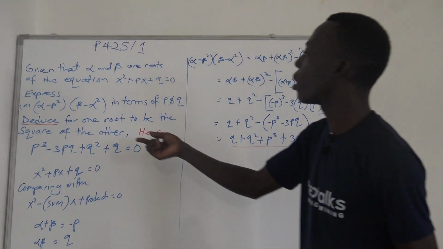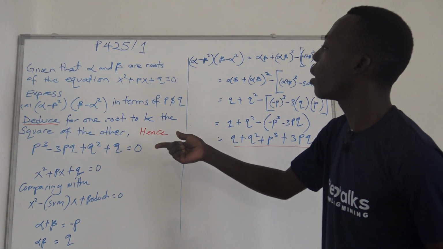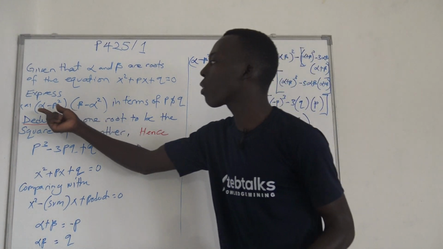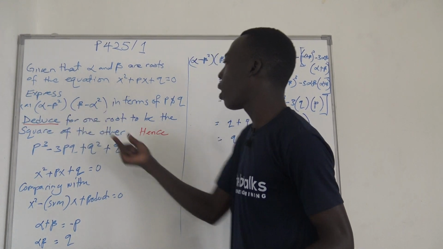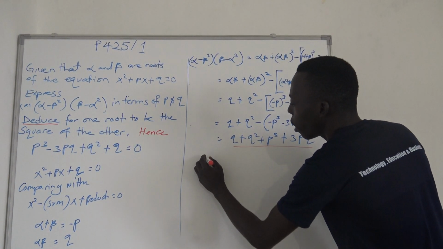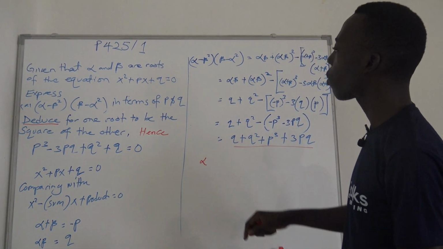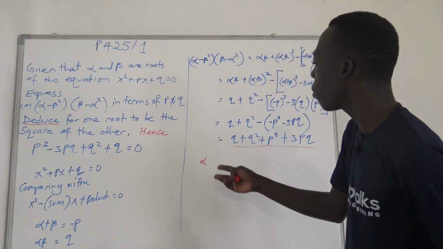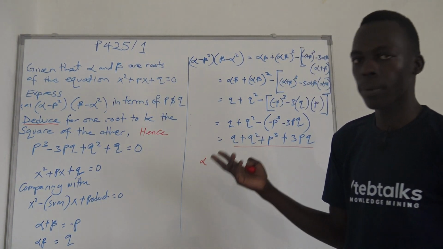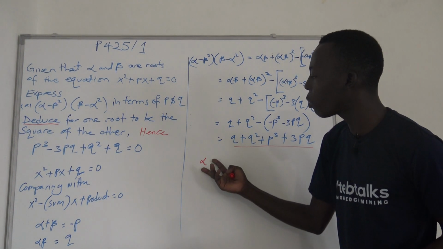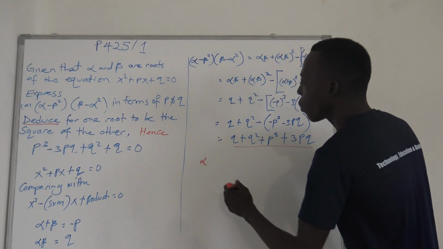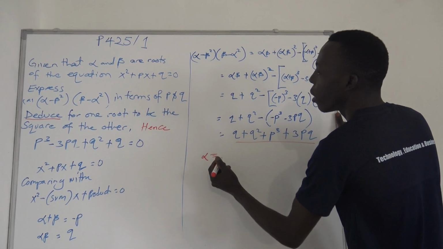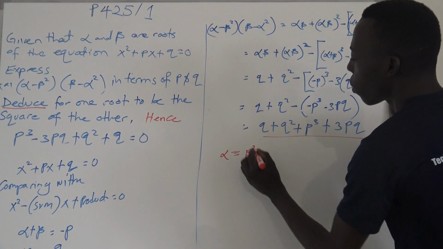We know that for one root to be a square of the other, like for example, if we consider that alpha is the first root, because they have given us the equation in the form of alpha and beta, that means for alpha to be a square of beta, alpha must be the same as beta squared.